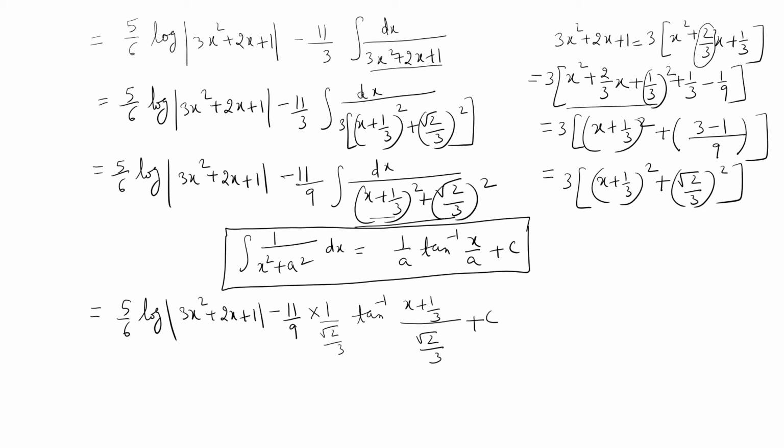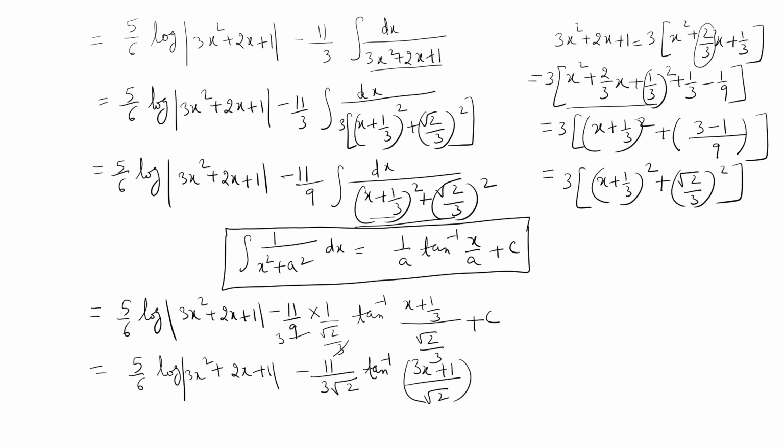So it is 5 by 6 times log mod 3x square plus 2x plus 1 minus 11 by 3 root 2, because this 3 cancels this 9, and it is tan inverse, let's take LCM, and it becomes 3x plus 1 upon root 2 plus c, which is the required answer.